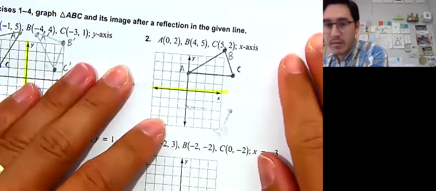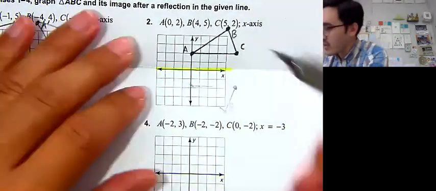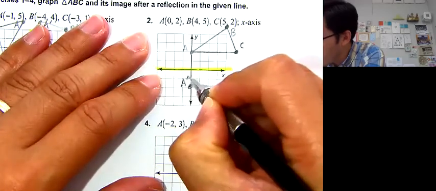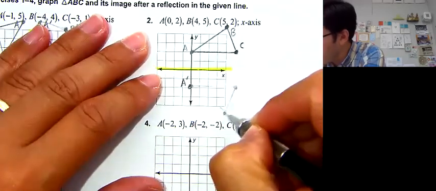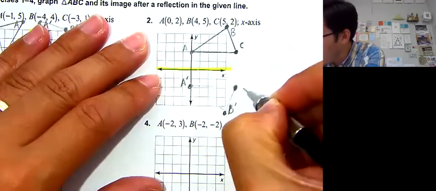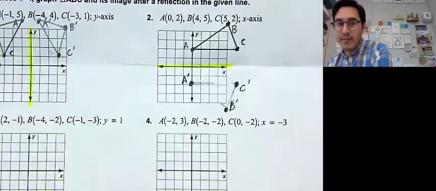Okay, and then just trying to press that lead onto the other side. And yeah, that did a pretty good job. Okay. All right, so A is now here. So that's A prime. B is now over here. So that's B prime. C is now right here. So that's C prime.